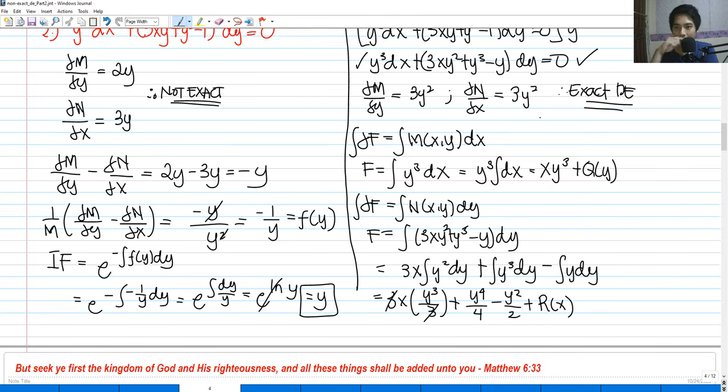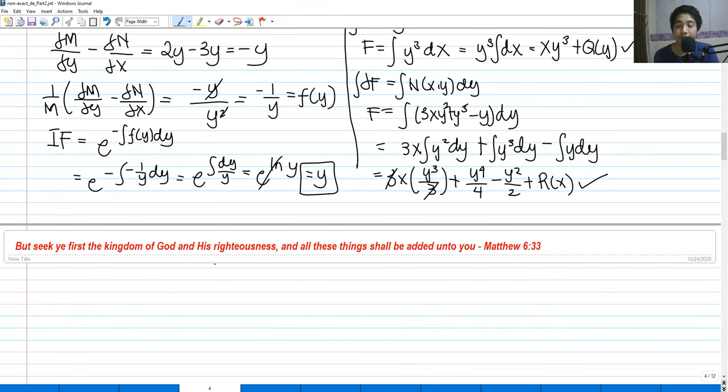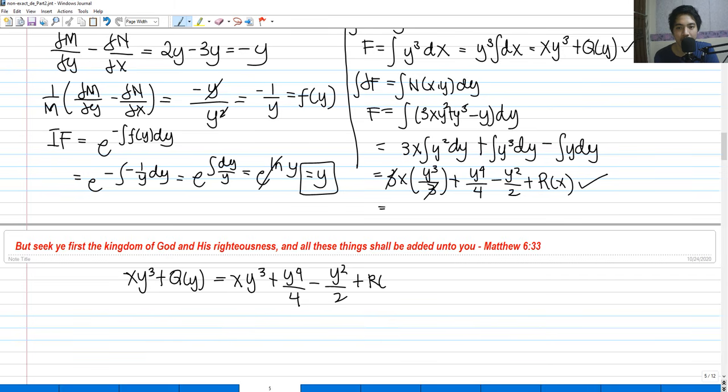So equating our two f's, this is the first f, and this is the second f, to determine the r of x and q of y. Let me just simplify this. The first f is xy cubed plus q of y equals, take note that the 3 here cancels, so we have x y cubed plus y raised to 4 all over 4 minus y squared all over 2 plus the r of x.